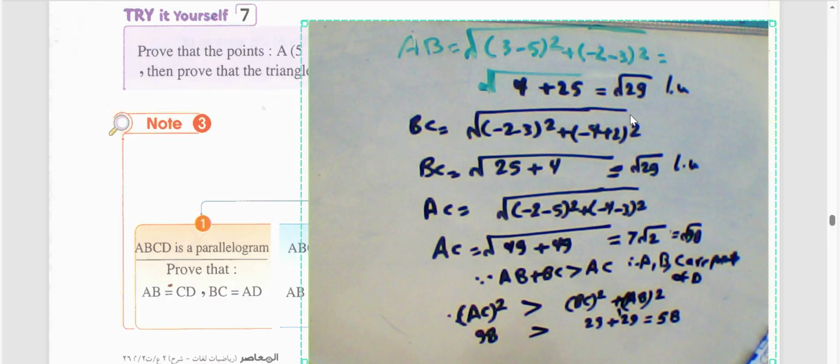Then this triangle we call it obtuse. Then triangle ABC is an obtuse angle triangle.